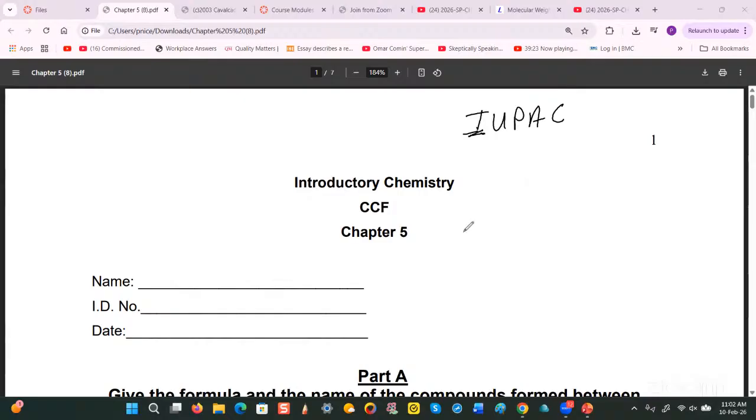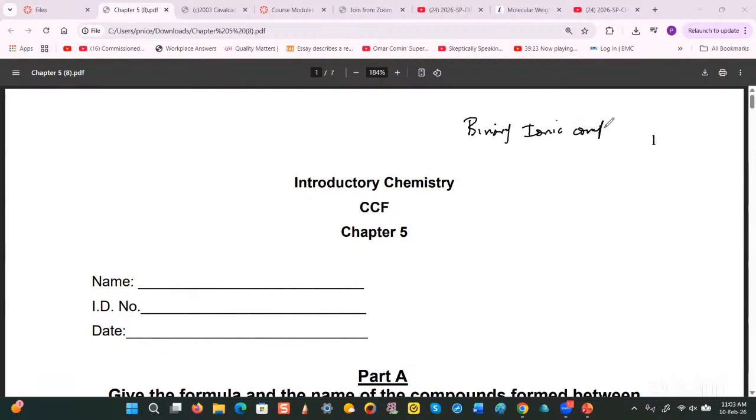So the rules that we're going to look at here are the rules formulated by IUPAC, all right? The first group of compounds that I discussed in the videos are known as binary ionic compounds, right?